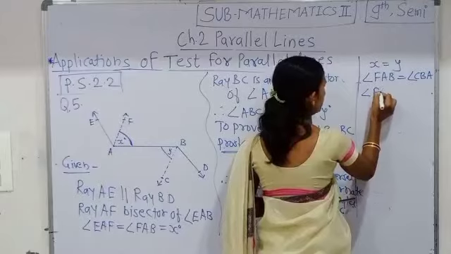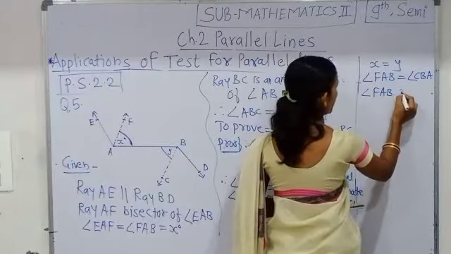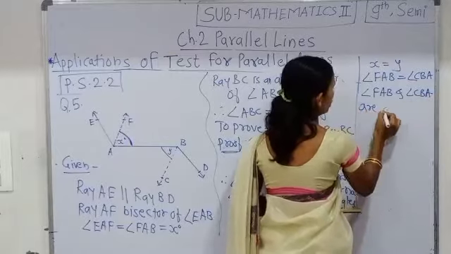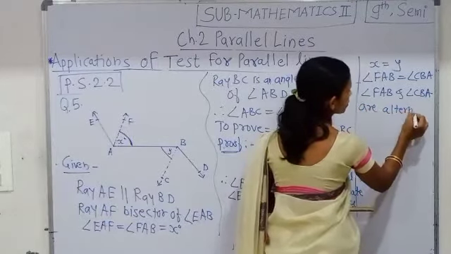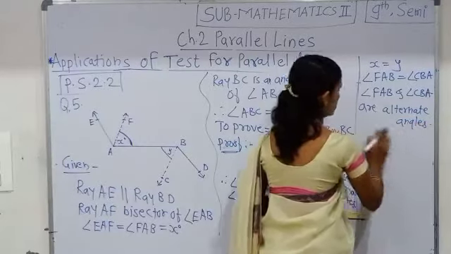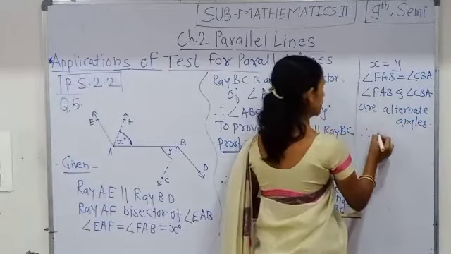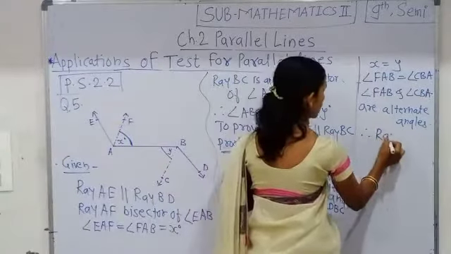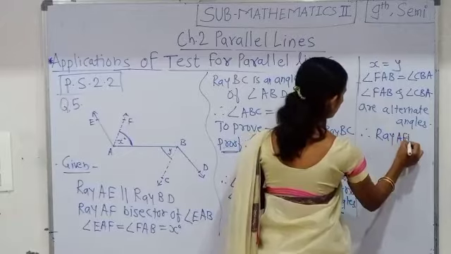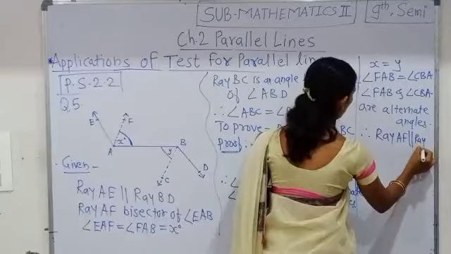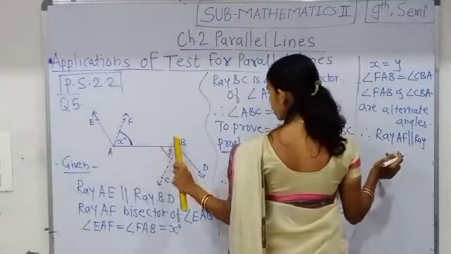Here angle FAB and angle CBA are alternate angles, and therefore ray AF is parallel to ray BC.